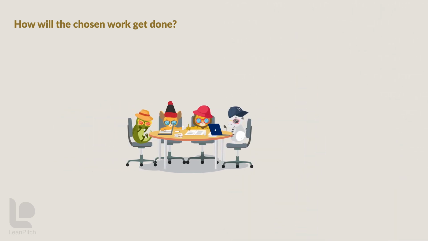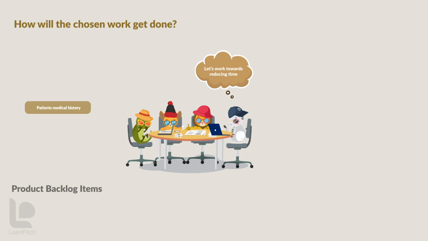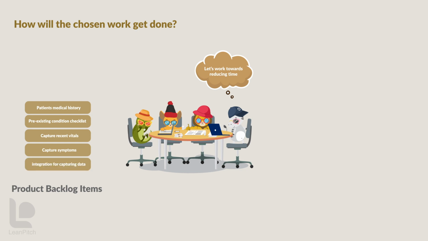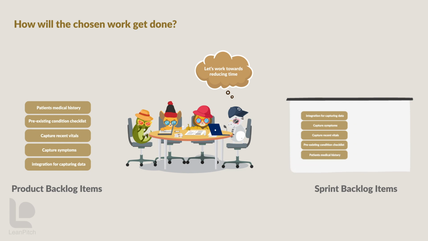For example, for the goal of reducing the doctor's time talking with the patients to understand their medical history, the possible product backlog items could include the patient's medical history, the pre-existing medical condition checklist, capture recent vitals, capture symptoms, and Alexa integration for capturing data. These items form the sprint backlog. Optionally, the teams can split these product backlog items into specific tasks.